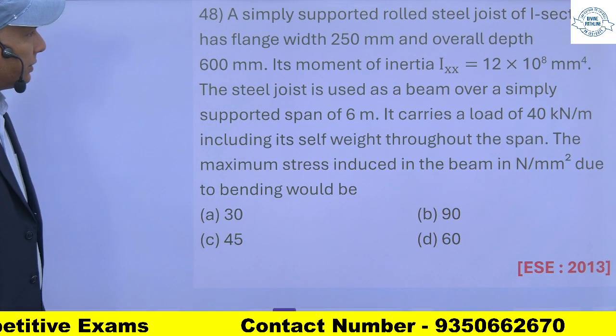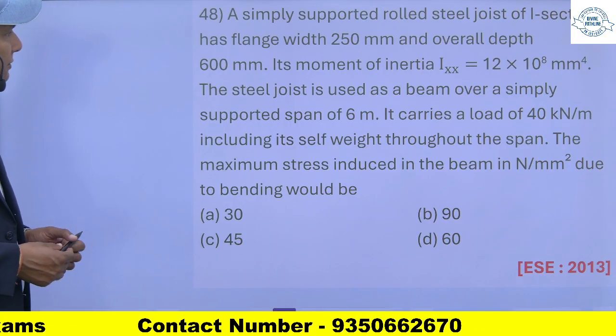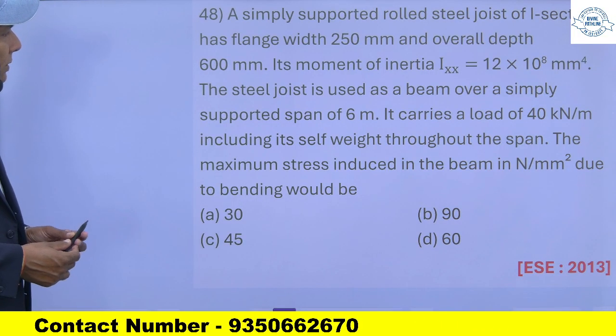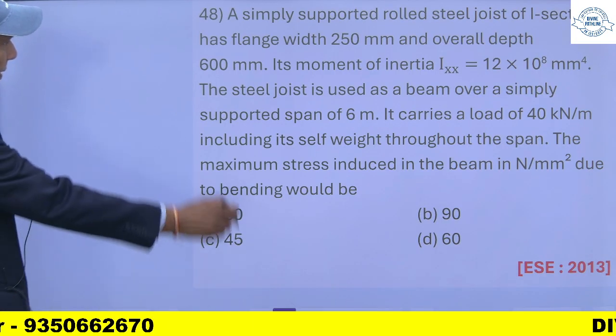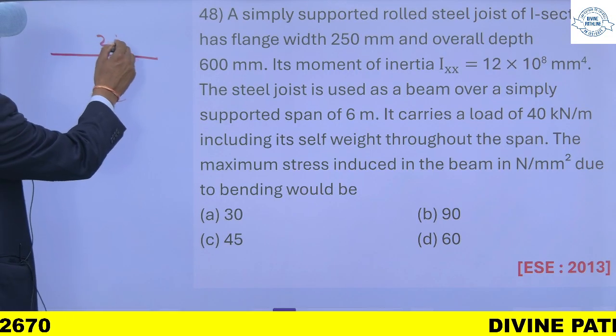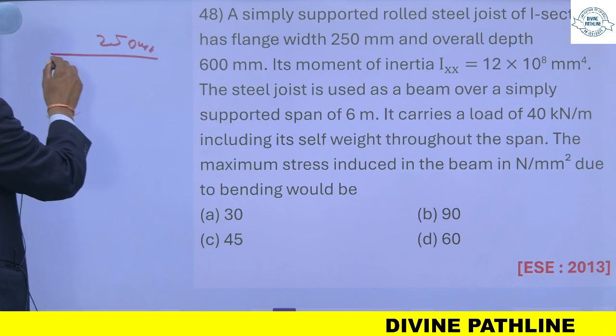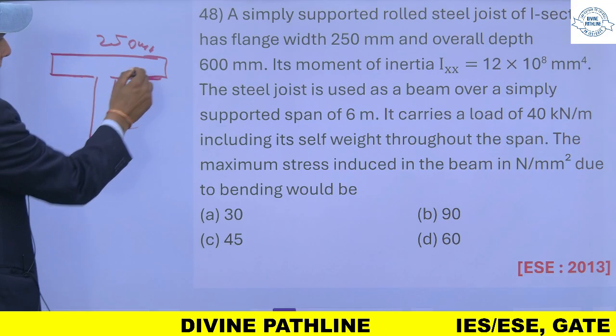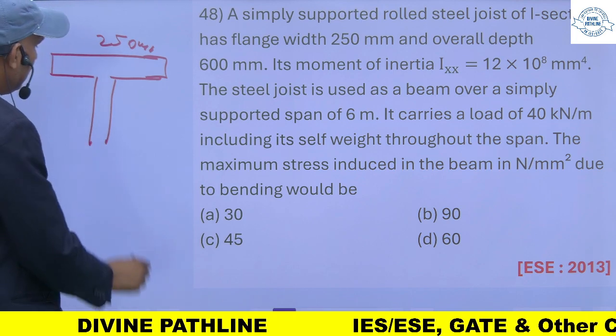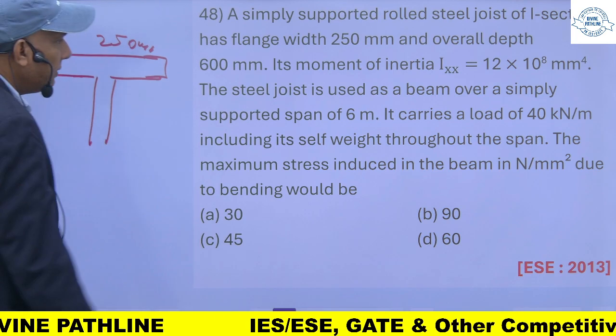A simply supported rolled steel joist of I section has a flange width of 250 and an overall depth of 600 mm. So the flange is 250 mm and the overall depth is 600 mm. Its moment of inertia is this one.